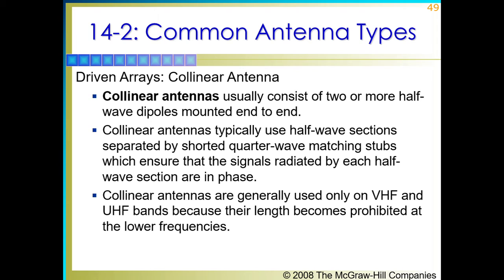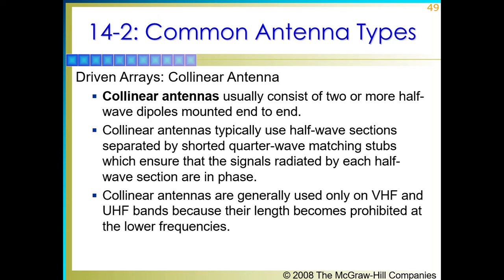Collinear arrays usually have a maximum of four elements as a result of problems with trying to keep six or more elements in phase. A four-element collinear antenna consists of two separate antennas, each with two elements and each element one-half wavelength long, and mounted vertically so all the elements are in line.